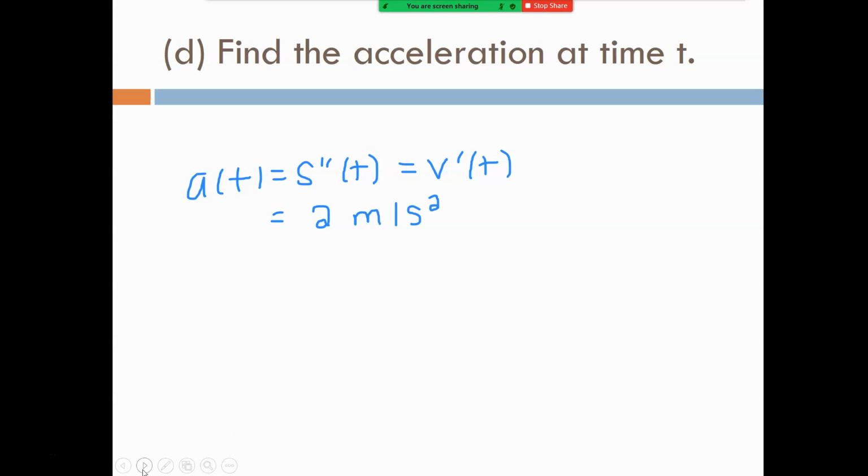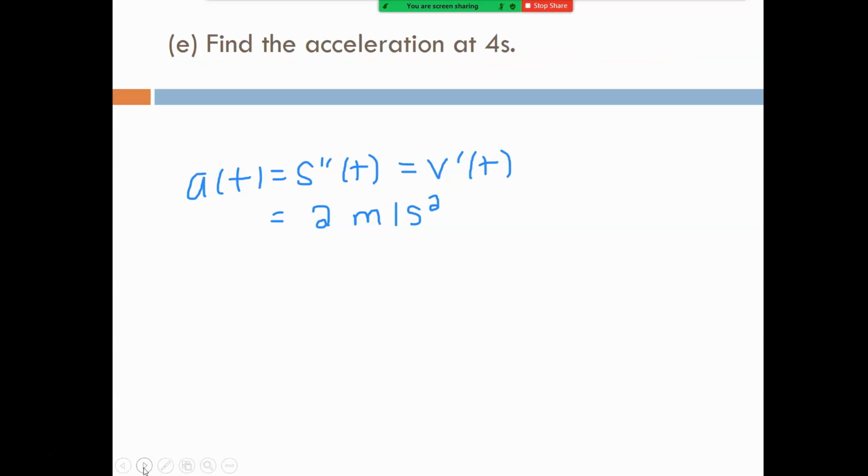Therefore, the acceleration at any time will always be 2. So if they ask you for the acceleration at 4, it's 2. The acceleration at 10, it's 2. So on and so forth.